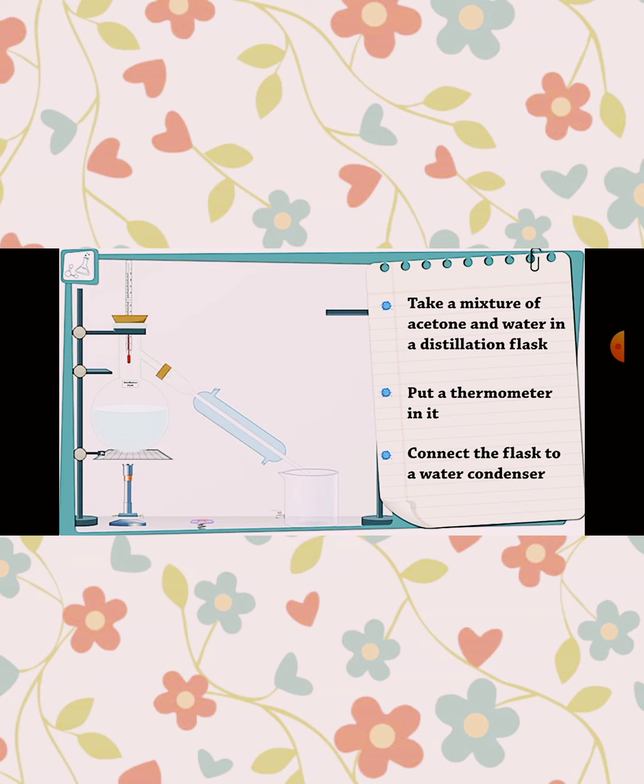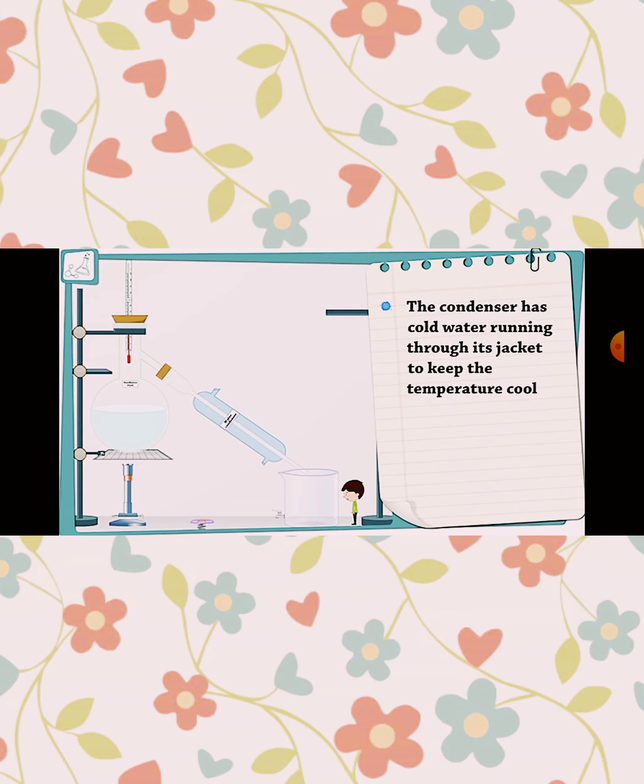Connect the flask to a water condenser. The condenser has cold water running through its jacket to keep the temperature cool. Keep a beaker at the outlet of the condenser.